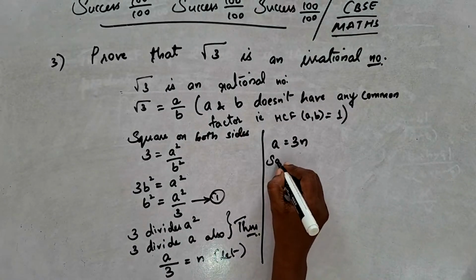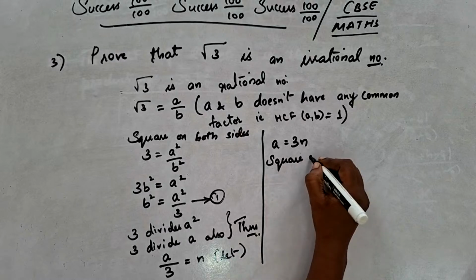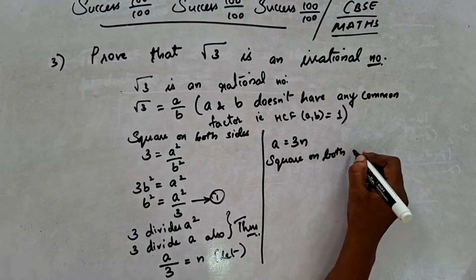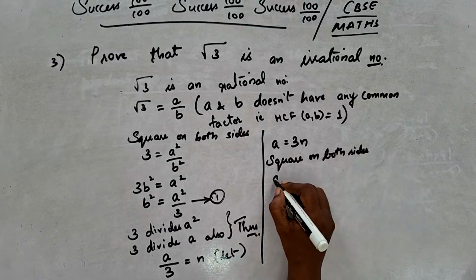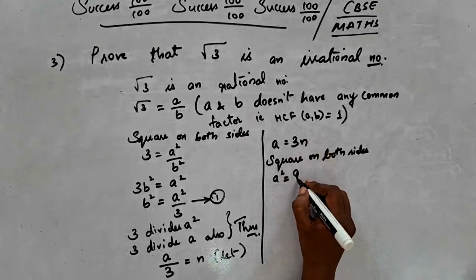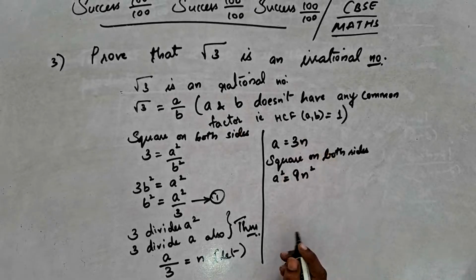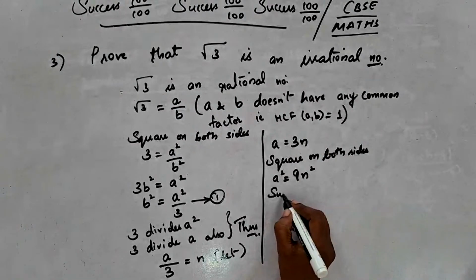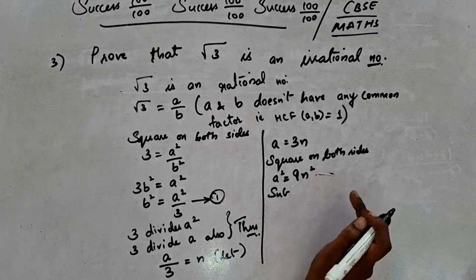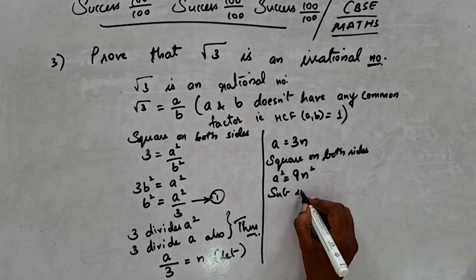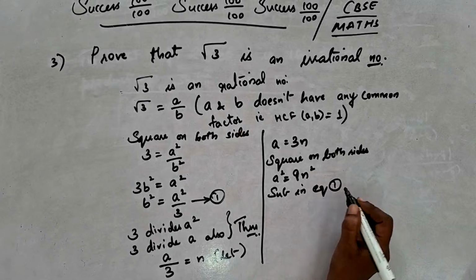Now again, square on both sides. a square is equal to 3 square is 9, n square. Substitute this in equation 1.